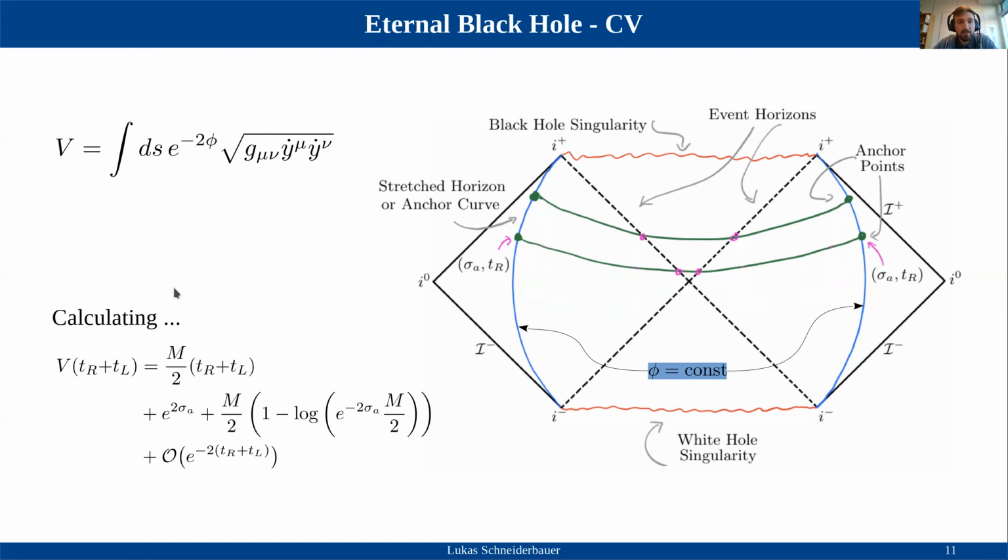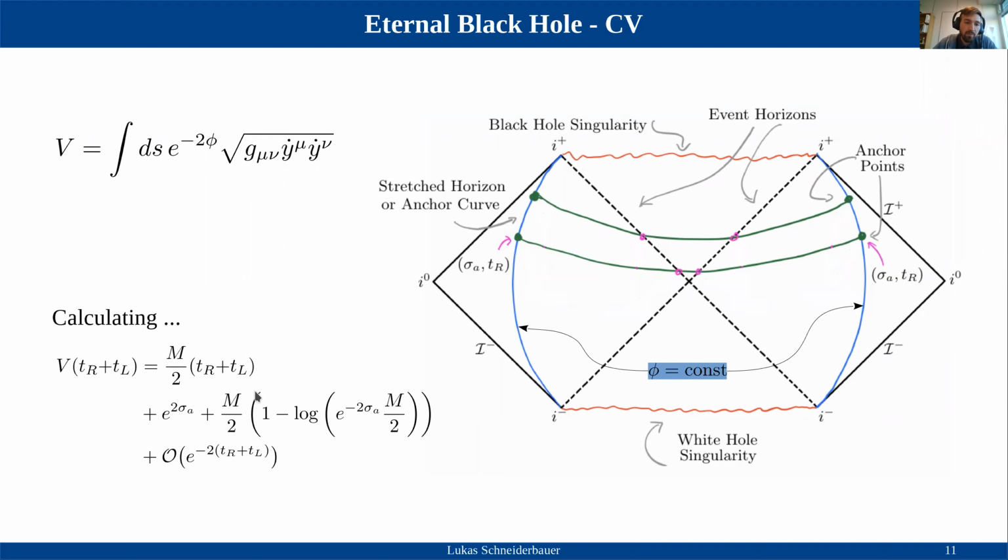After some calculation, the model is simple enough that we can write down explicit solutions for this. So we have the volume of such a slice, parameterized by these 2 points, T right and T left. It turns out that this just depends on the sum of those.